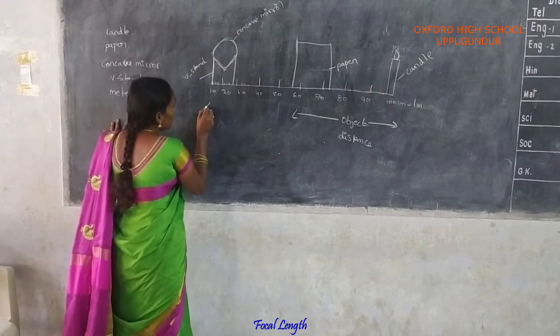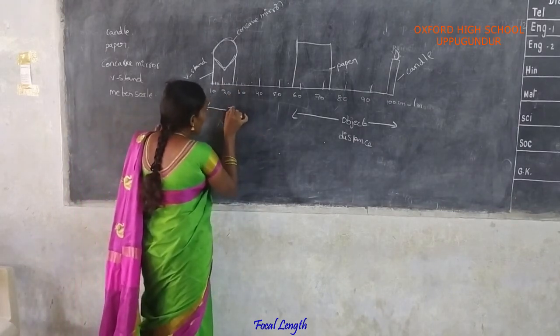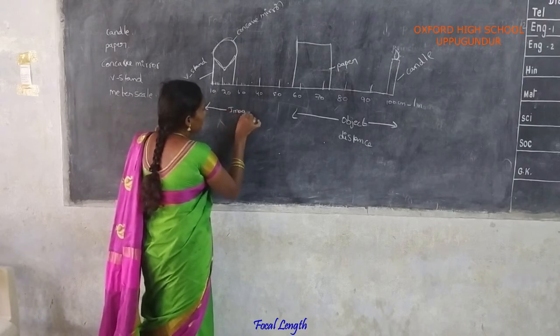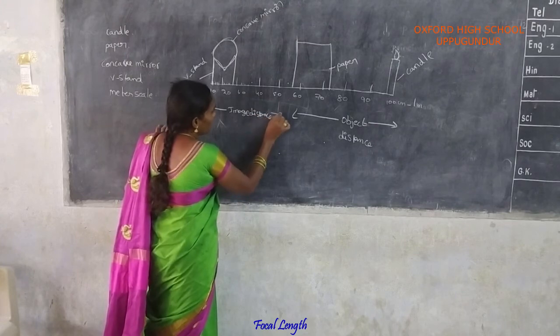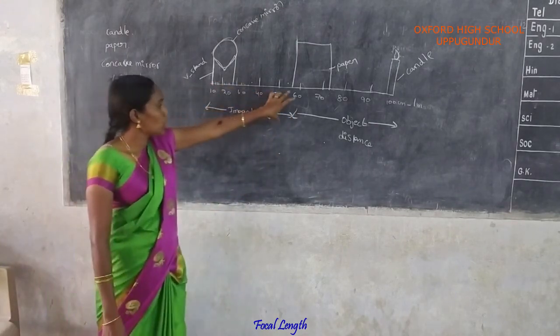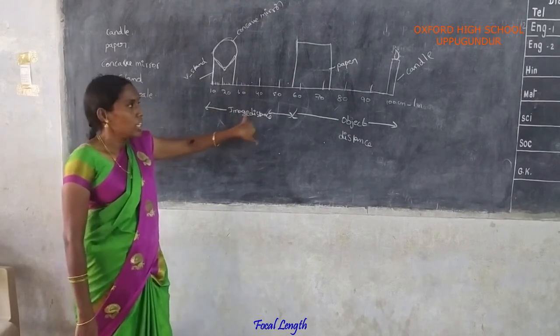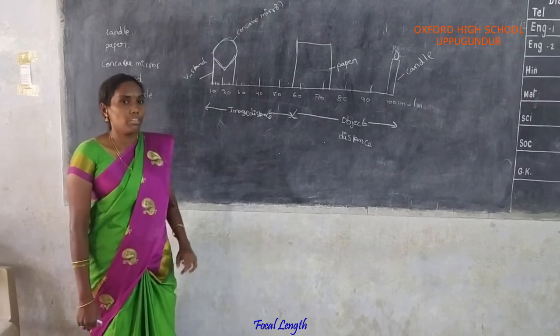Here, the distance from the concave mirror to the screen acts as the image distance. The distance from the concave mirror to the paper is the image distance. The distance from the candle to the paper is the object distance.